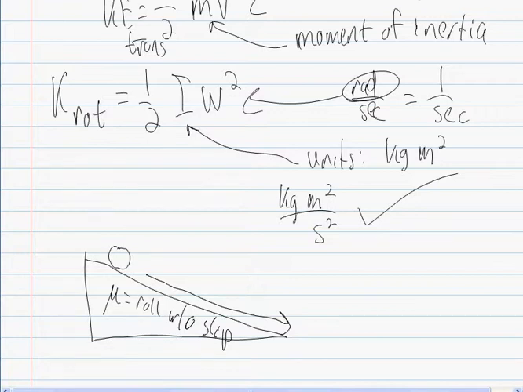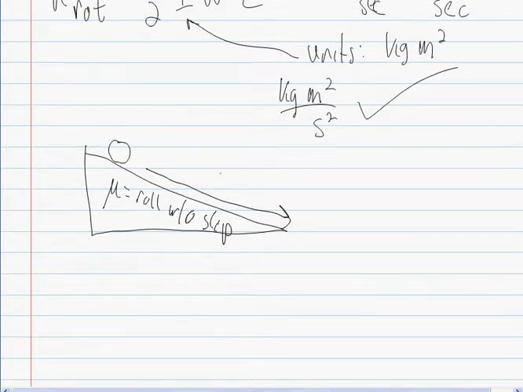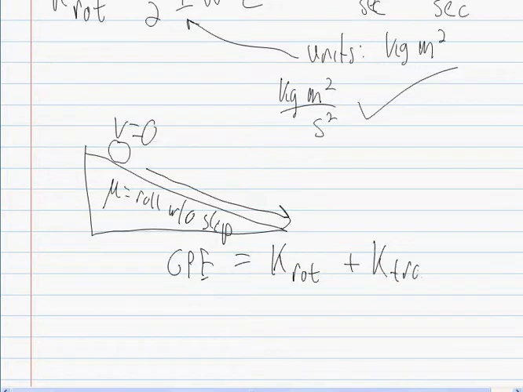At the top, we're going to have GPE. We'll call the initial velocity 0 like we've been doing. But at the bottom, it's going to be KE rot plus KE trans. So it's going to become kinetic energy at the bottom.